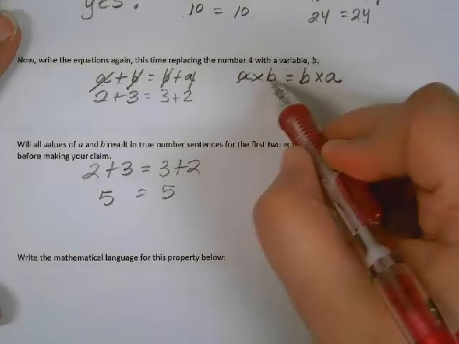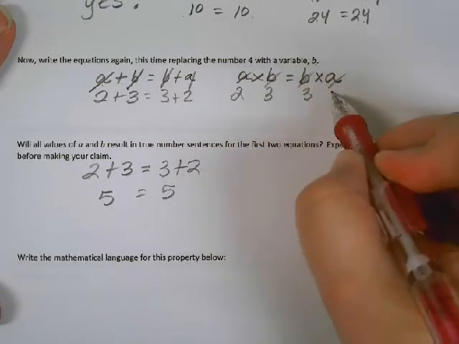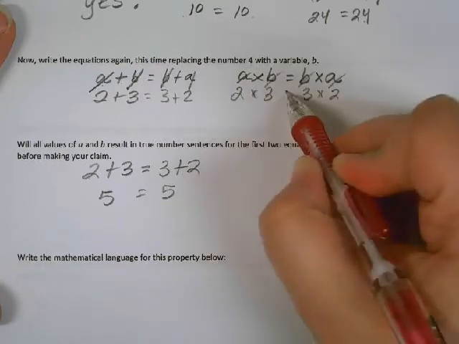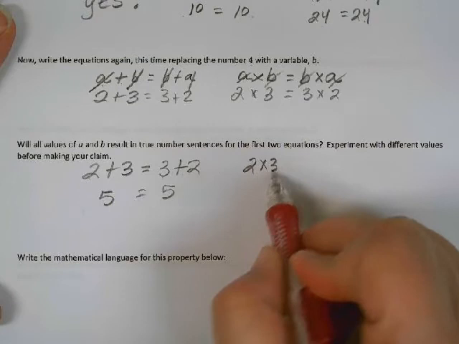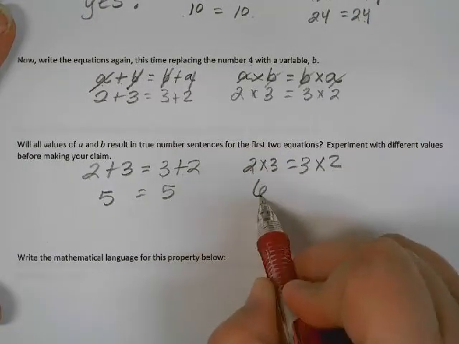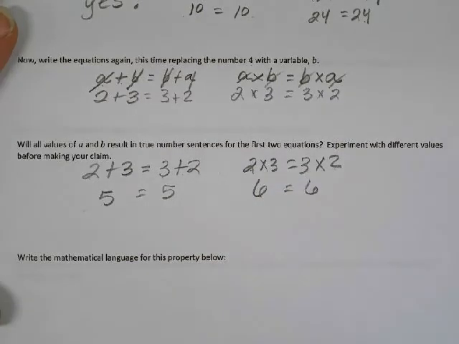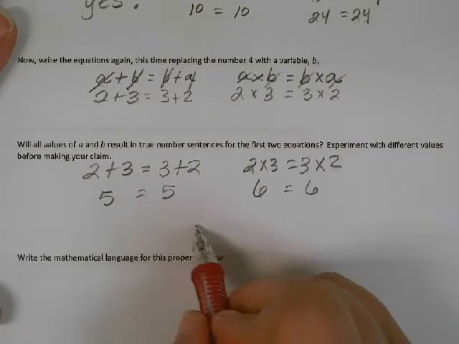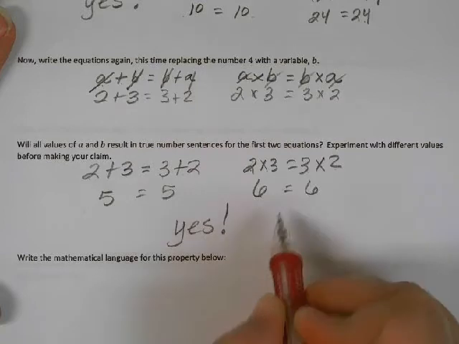If I change A and B to 2 and 3, leave my multiplication symbols. Are they the same? 2 times 3 is equal to 3 times 2. 2 times 3 is 6, and 3 times 2 is 6. Are they the same? So we say, yes, they are the same.